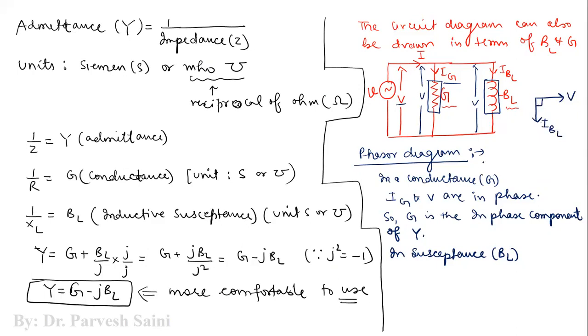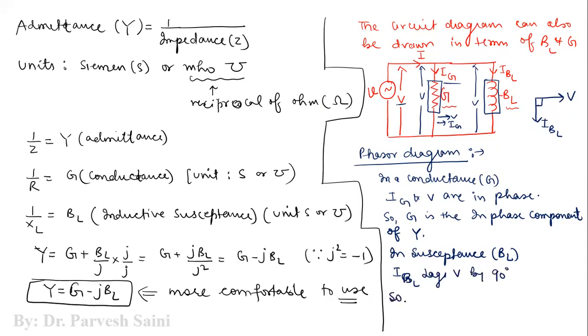This is how we can have IBL or IL. This is just a notation, so we don't have to confuse with the notations here. And in this G we have V and then IG, both in the same phase. So in susceptance BL, basically IBL lags V by 90 degrees.